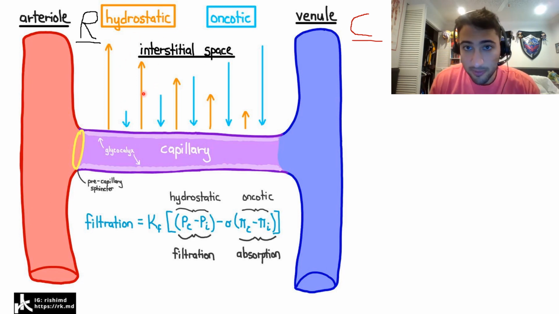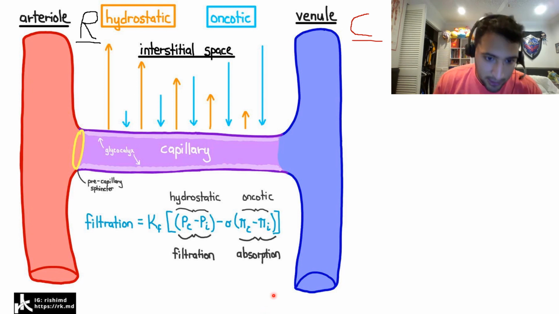Hydrostatic force, it comes from the fluid. The oncotic force, so onco means protein. So the oncotic force is a concentration gradient developed by the presence of proteins in the plasma. So you have albumin hanging out in the capillaries, and the level of albumin stays the same throughout.